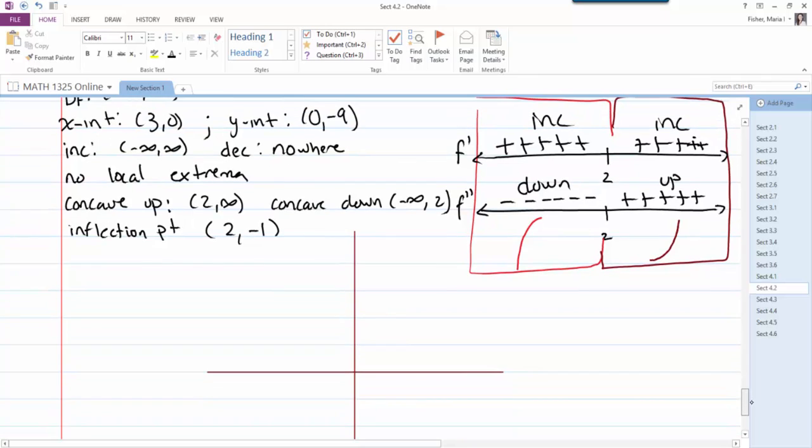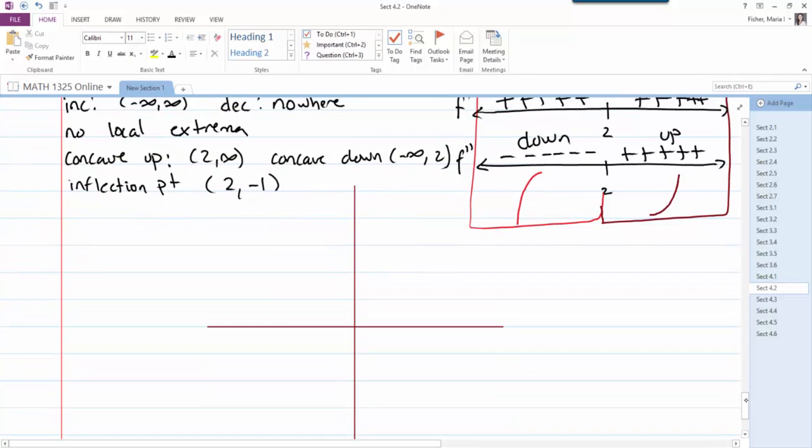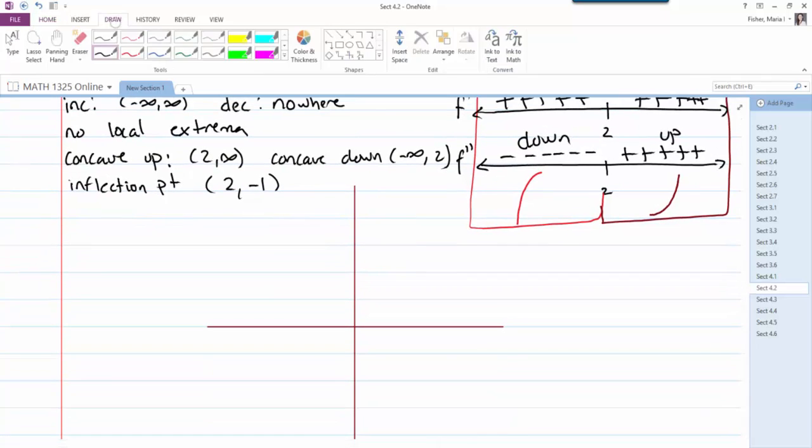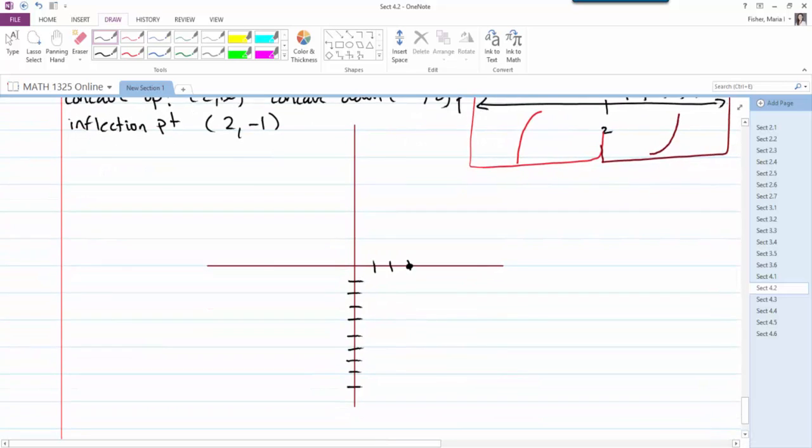So again, the point 3, 0 and 0, negative 9. And the inflection point of 2 comma negative 1.